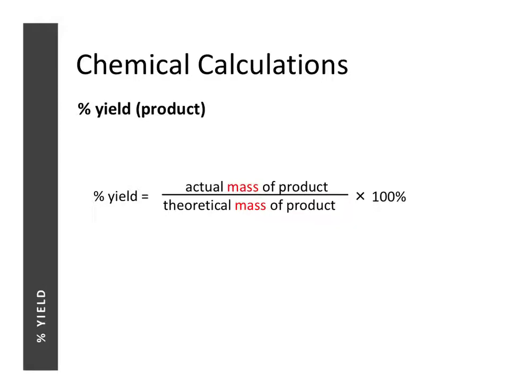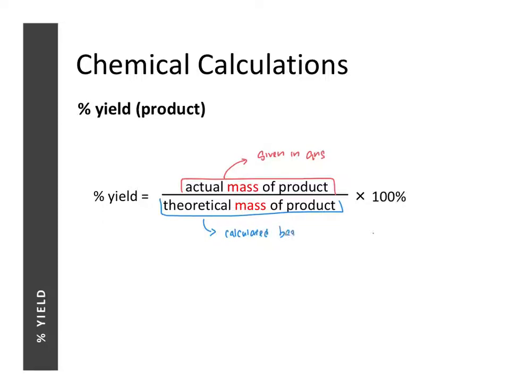Now in 90% of the questions involving percentage yield, the numerator, meaning the actual mass of product, is given in the question. So this value will be given in the question, and then the theoretical mass, that means the mass of product that we should be getting, must be calculated based on what?